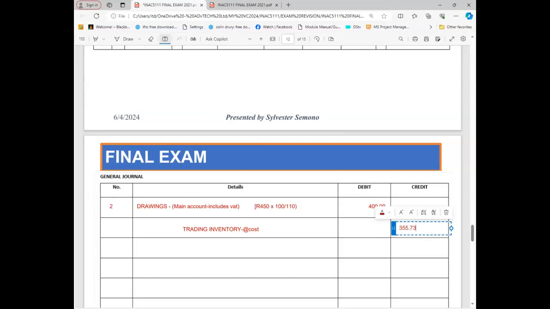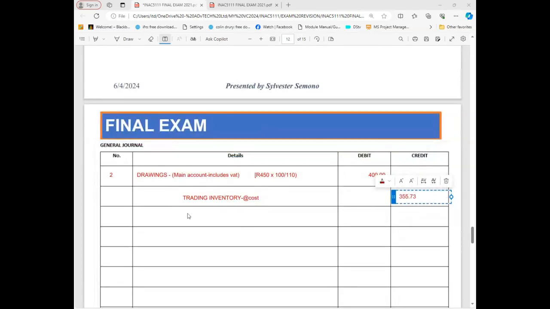And then if you remember, we just took the difference between the two figures, and the other one was output VAT, which is going to be credited according to our analysis. Must put it here. And that output VAT, how much was it? It was 53.36.